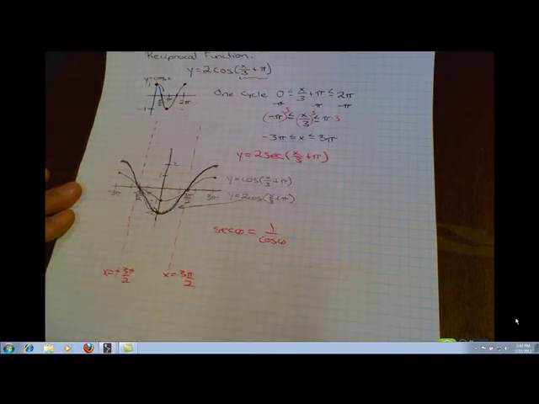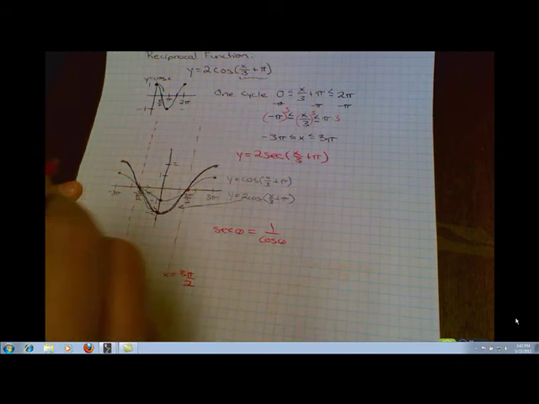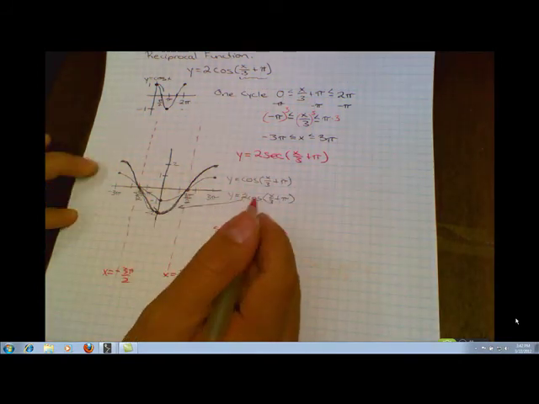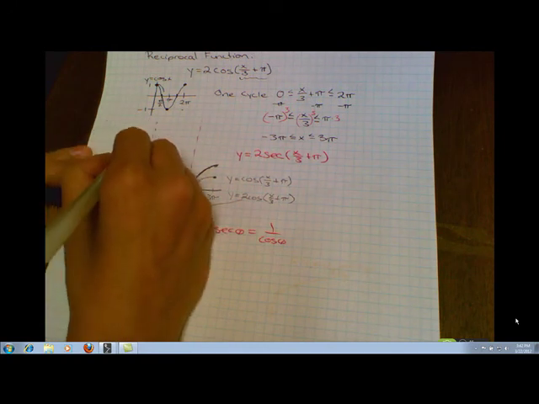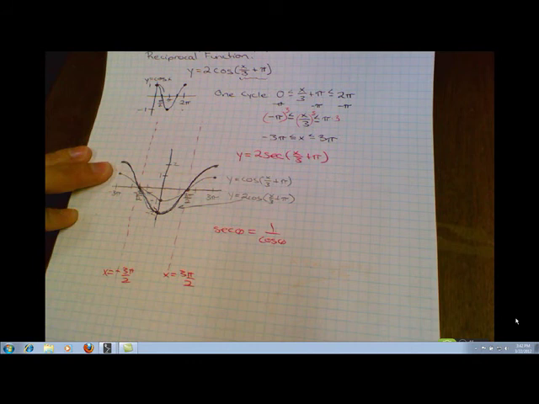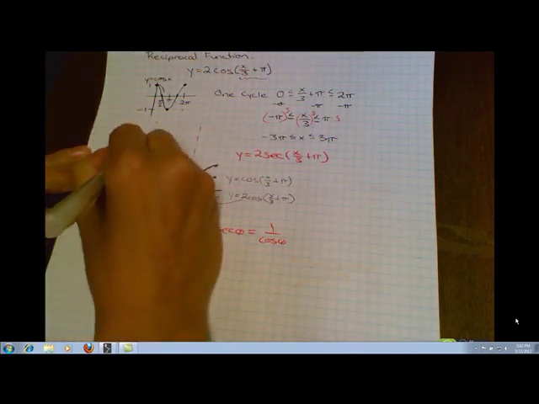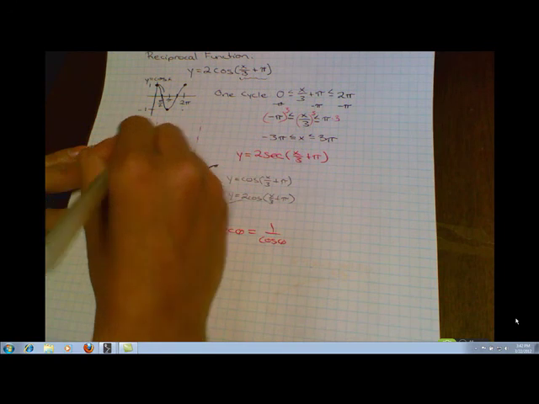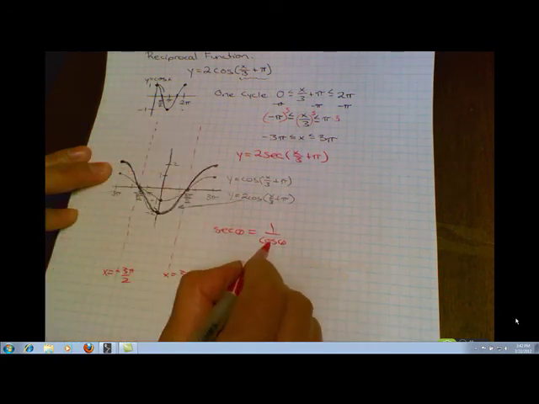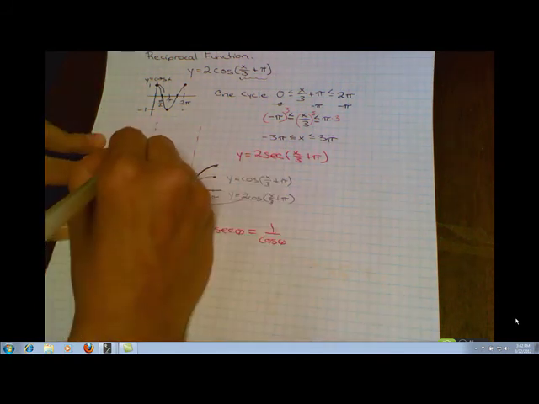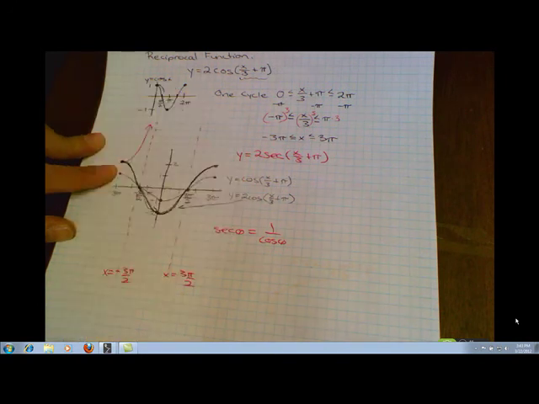So the same deal at this x-intercept here. So I could even label the equation for the vertical asymptotes there as x equals negative 3 pi over 2 and x equals positive 3 pi over 2. Now the peaks and the valleys in your graph of cosine become the vertex for your sort of parabola shapes in the graph of secant.